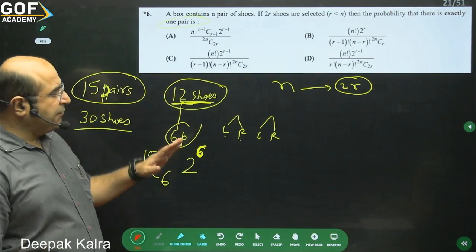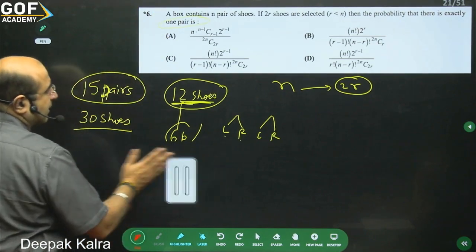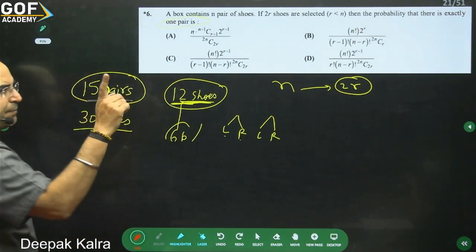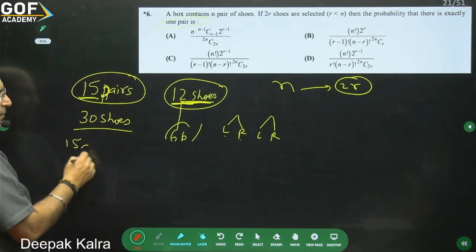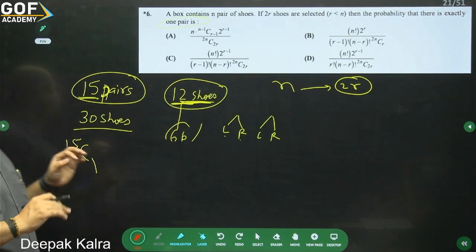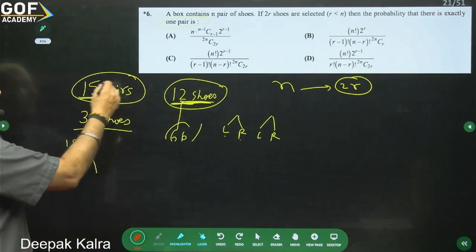Now, if you have not understood this, let us start with one pair first, one at a time. Say one pair is to be selected. So out of 15 pairs, you select one pair. How many pairs left? 14 pairs left.